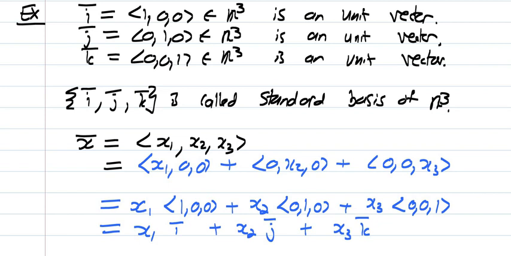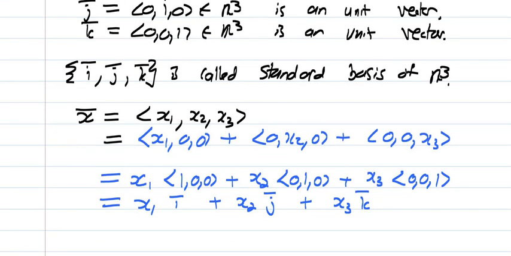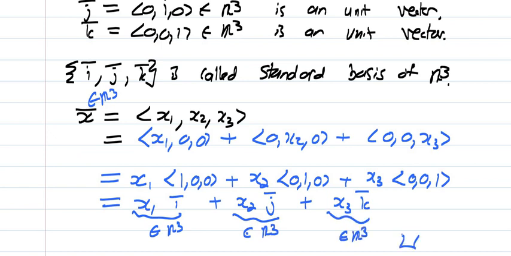And so you see that a 3D vector is this 3D vector plus this 3D vector plus this 3D vector. Now, obviously, you can see x1i plus x2j plus x3k.